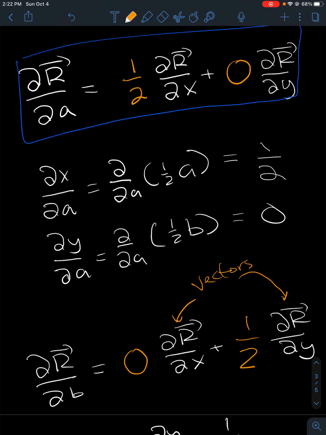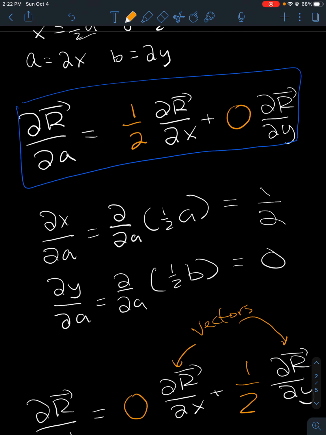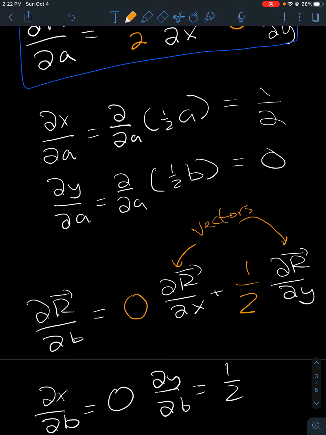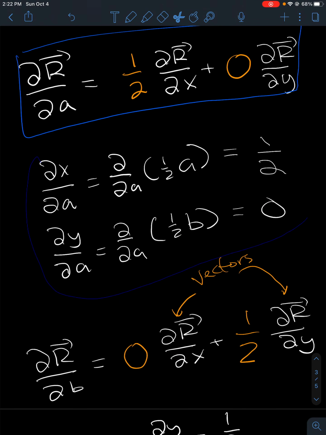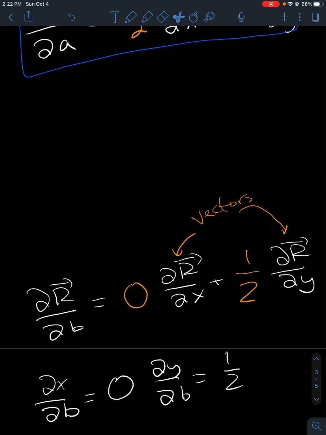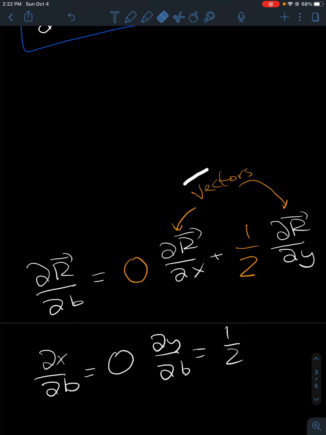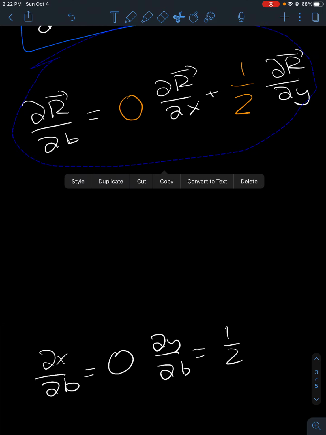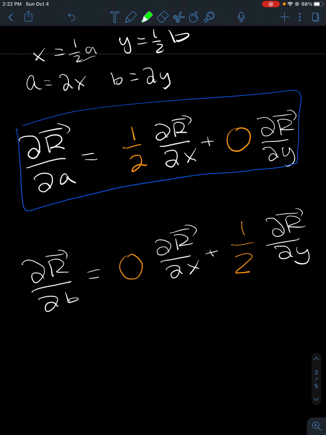So, we've gotten the transformation rule for these two. Let's erase this over here. And just like that, it's pretty easy. It looks hard, but it's really easy. You could probably do this in your head.